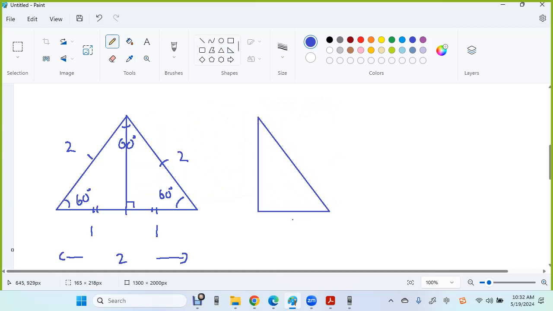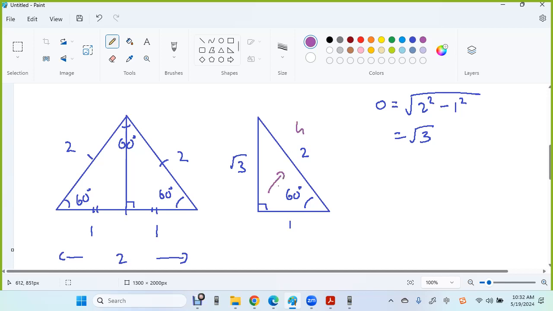Then we have 1, 2, 60 degrees, and this is the opposite. The opposite will be the square root of 2 squared minus 1 squared, that is square root 3. So this is square root 3. So we have a 90 degree angle here. This is the hypotenuse, opposite, adjacent.